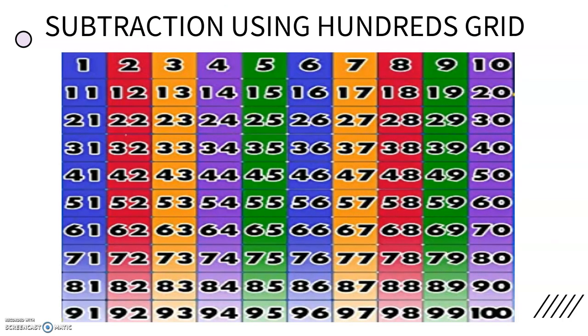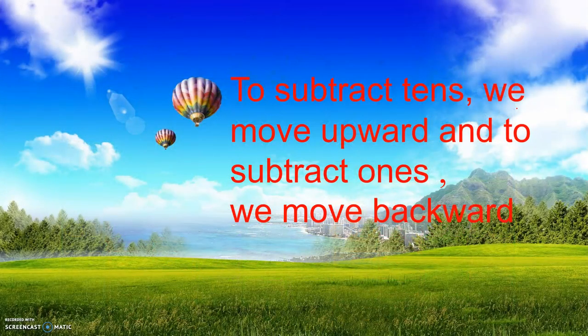Subtraction using a hundreds grid. Here we can see a hundreds grid. A hundreds grid consists of numbers from 1 to 100. It is a 10 by 10 square. Here, to subtract tens using a hundreds grid, we move upward, and to subtract ones, we move backward.